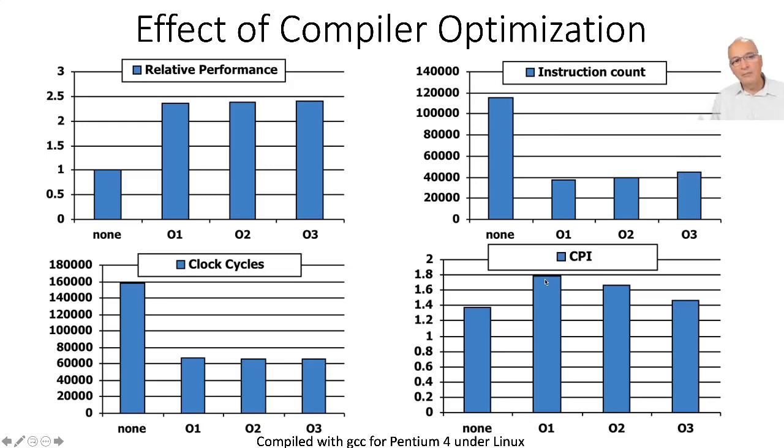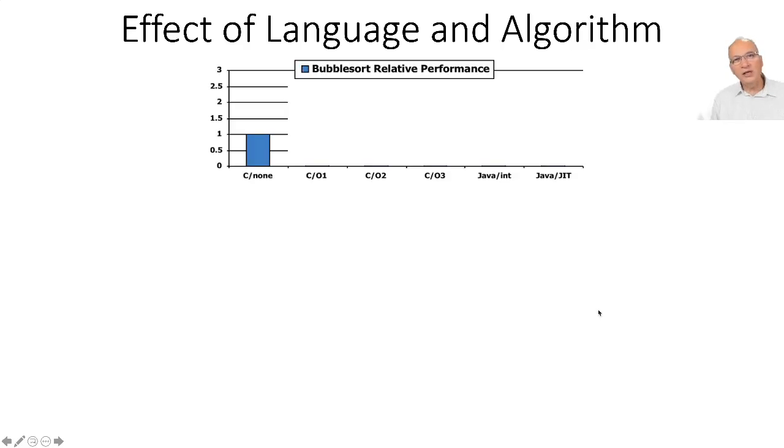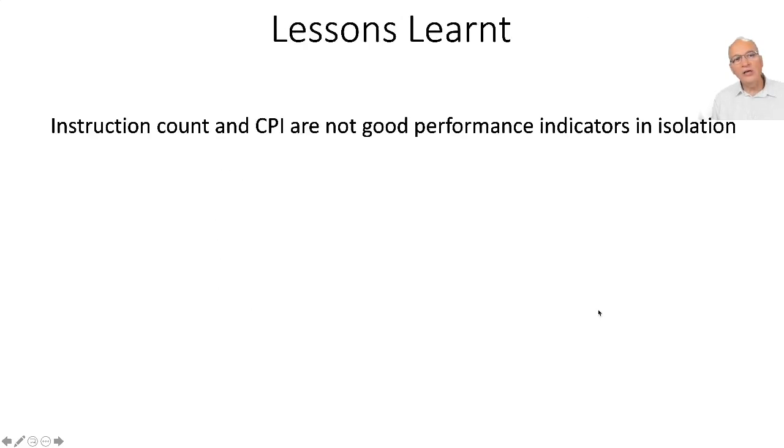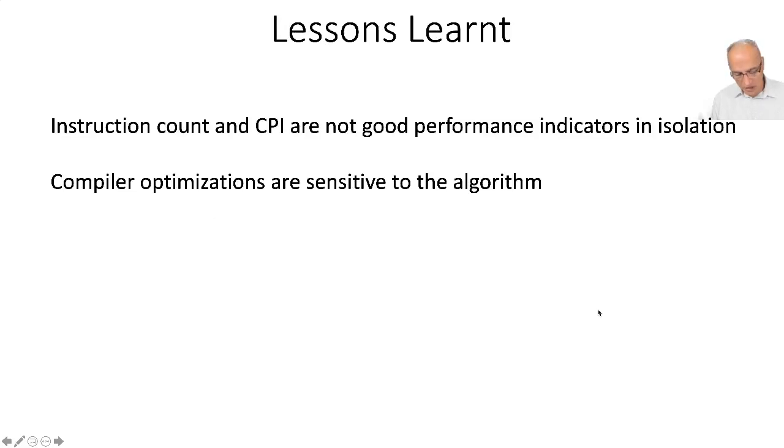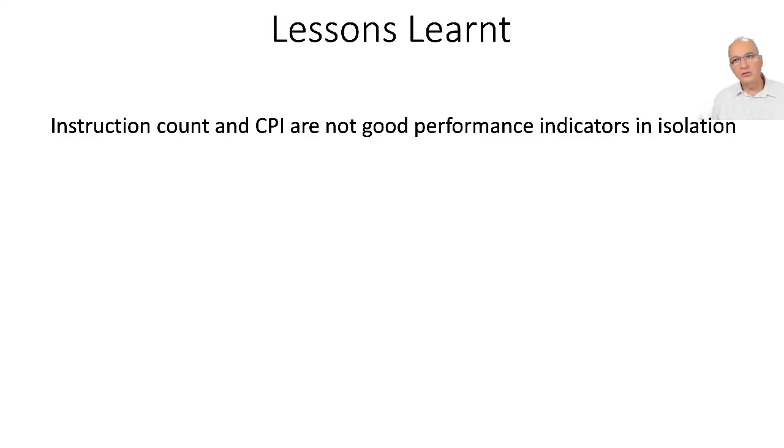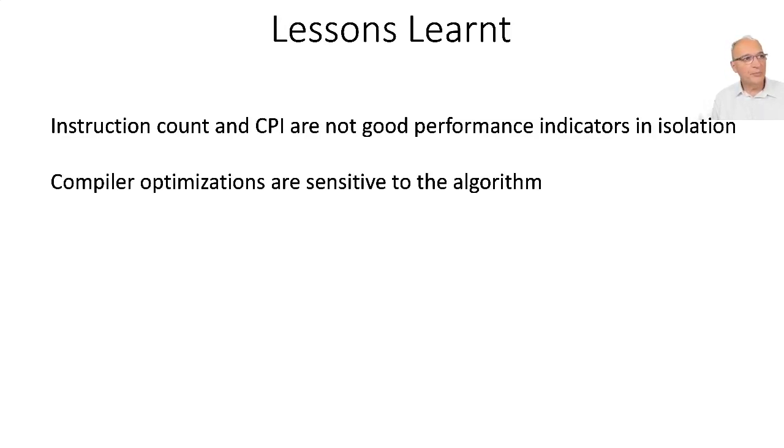But we did that because we were reducing CPI. So looking only at CPI or only at instruction count is not a good way to think or to estimate performance.